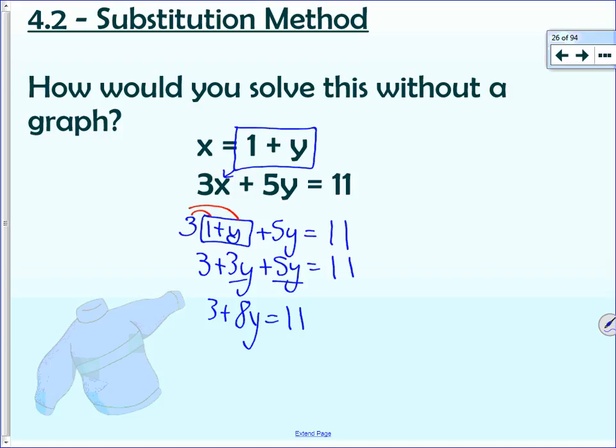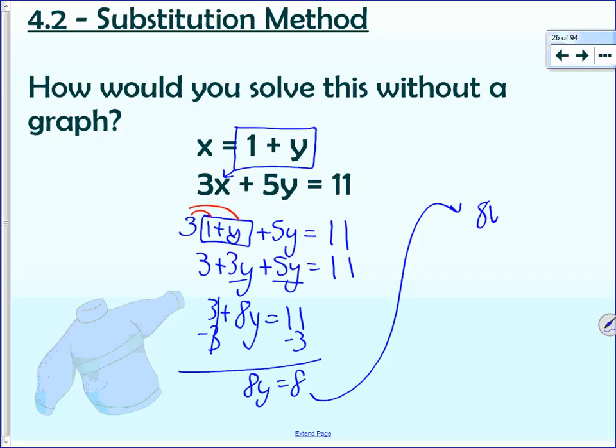Then to solve, I'll subtract 3 on both sides. 8y equals 8. Divide both sides by 8, and y equals 1. So with one equation and one variable, I can solve.